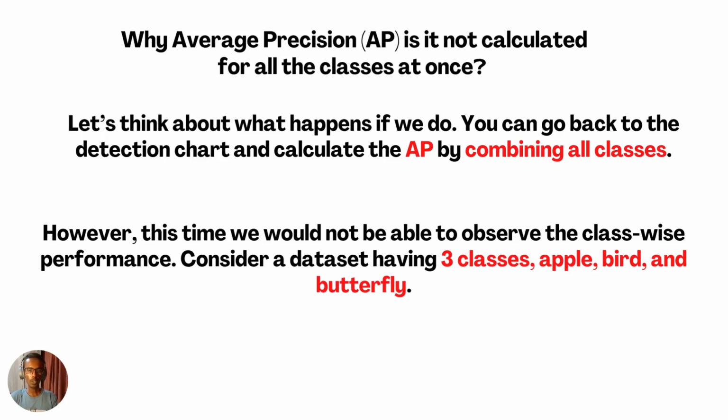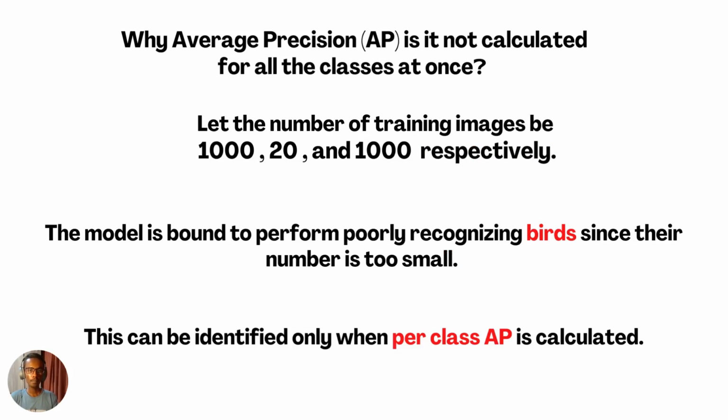So let's just consider a smaller data set having three classes, such as apple, bird, and butterfly. So let the number of training images for each class be 1,000, 20, and 1,000 respectively. So the model is bound to perform poorly for recognizing birds since their number is too small.